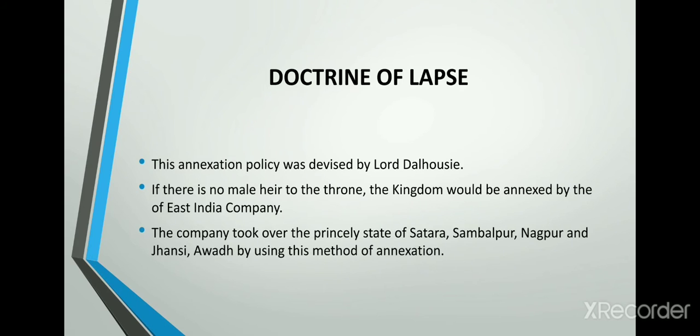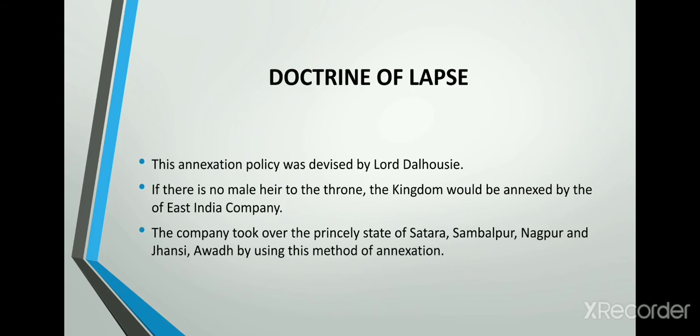The doctrine of Lapse. Let us discuss the important guidelines prescribed in this policy. The final wave of annexations occurred under Lord Dalhousie, who was the Governor General from 1848 to 1856. He devised a policy that came to be known as the doctrine of Lapse.